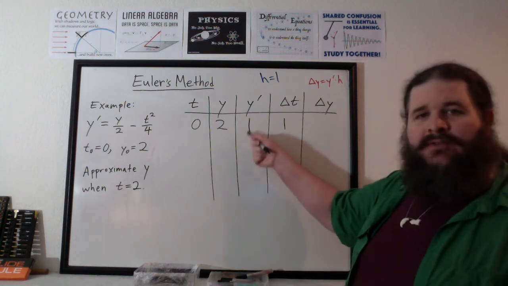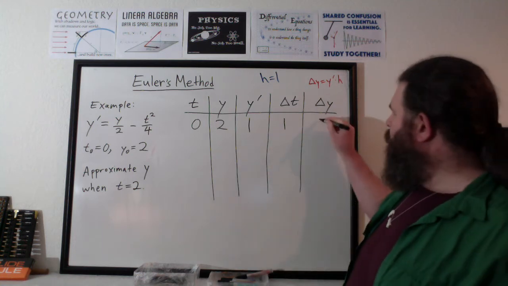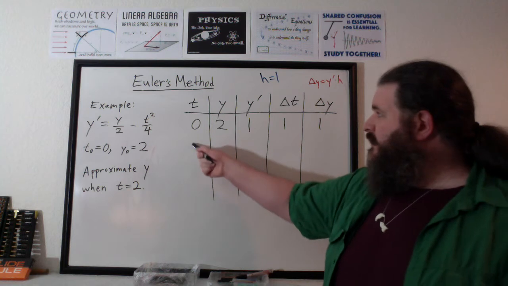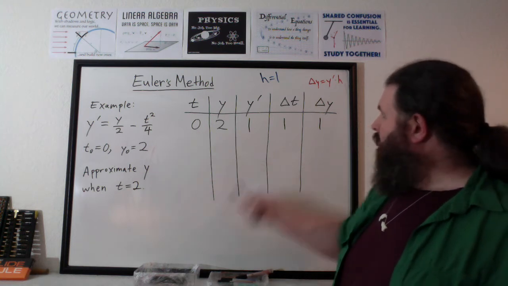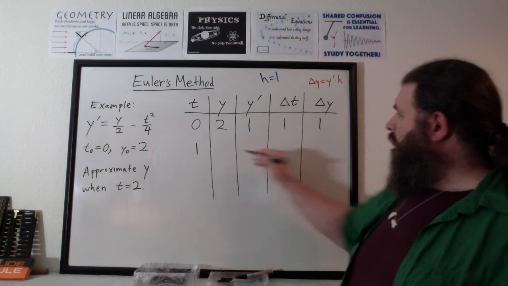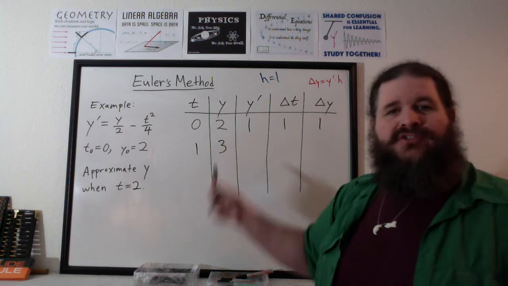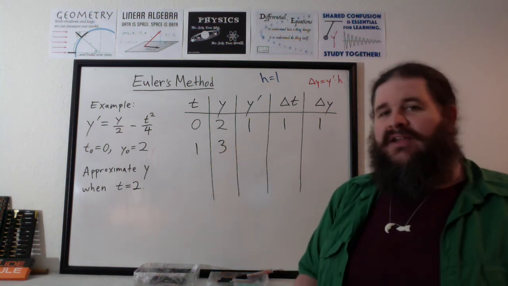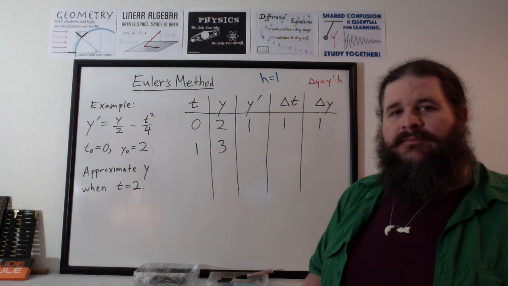So we'll just multiply these. 1 times 1 is 1. In other words, to get to the next t, y values, we take our original t value, add 1, take our original y value, add 1. So 1, 3 should be another point on the graph. Not exactly on the solution curve, but close to it.